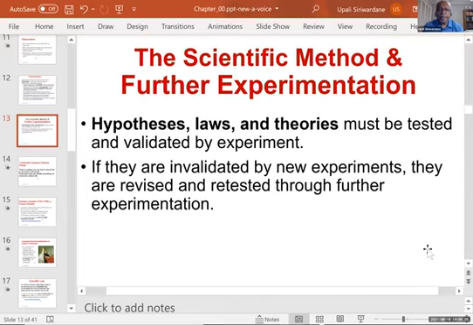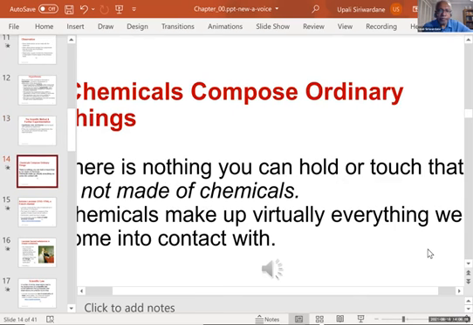Further experiment is a very important part of the scientific method. So this is the progress that we made in science through continually changing our experiments, instrumentation, expanding our ways of obtaining various data, microscopes, telescopes, all kinds of things.